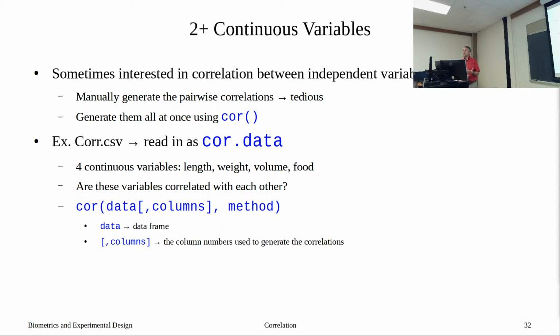So if you included all three terms in a full model, you violate one of those assumptions of collinearity, meaning you're including terms that are correlated to each other. So one of the first things you might want to do is look at those variables, look at the correlation, and then you can see, oh yeah, volume is correlated to both length and weights. Maybe I should only include volume and not include length and weights to avoid some violations.